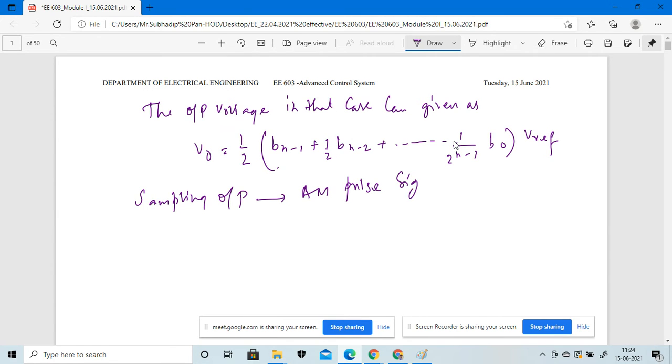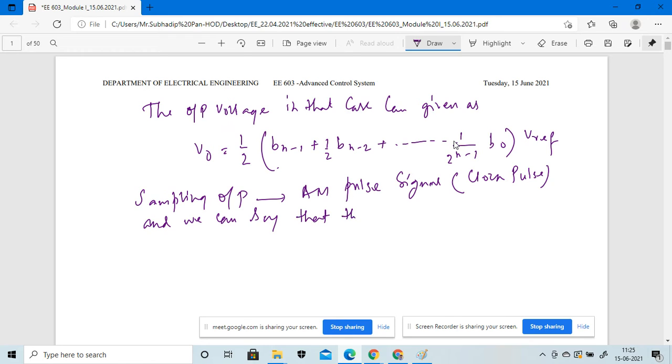This amplitude modulation is due to the clock pulse, and we can also talk about the function of the hold operation.